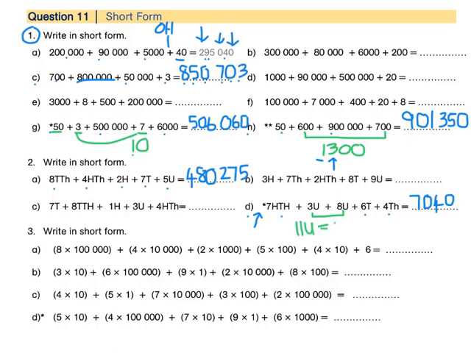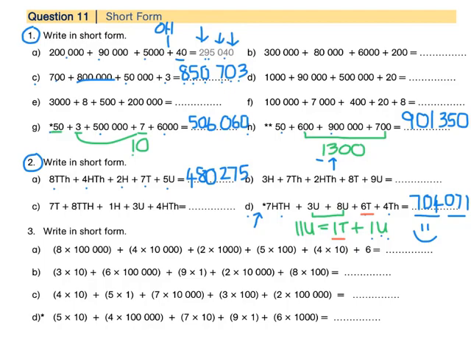But 11 units is equal to 1 ten plus 1 unit. So in total, we've got this 1 ten plus another 6 tens, which leaves us with 7 tens. And lastly, we still have that 1 unit, which goes in our units column. So it's 704,071, and that is the final answer. Press pause to complete all of 2 now.